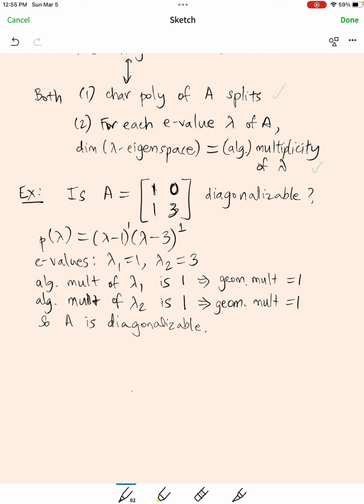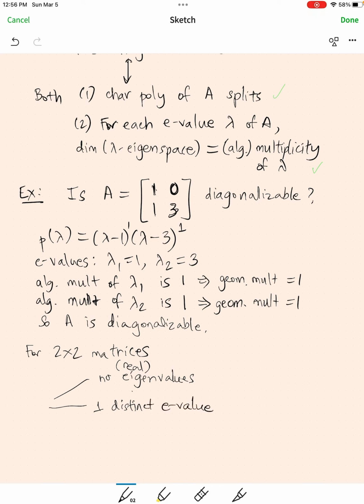So let's just write down the possibilities. For 2 by 2 matrices, either there are no real eigenvalues, in which case your matrix isn't diagonalizable, or you could have one distinct eigenvalue, and then this is diagonalizable only when A is a constant multiple of the identity.